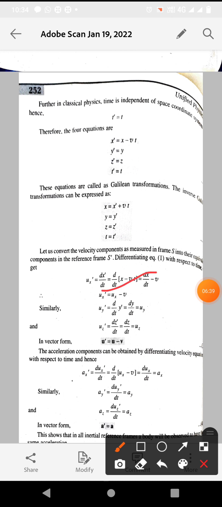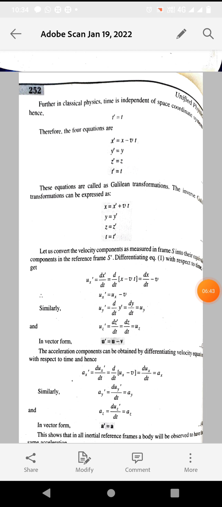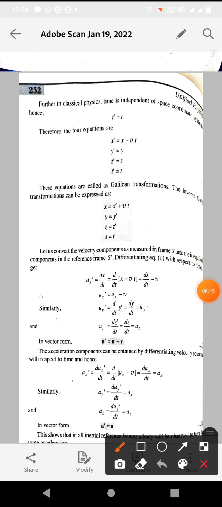So we can also find the velocity, the relative velocity. We also find the acceleration: a dash is equal to a, as vectors. And what is the use of Galilean transformations?